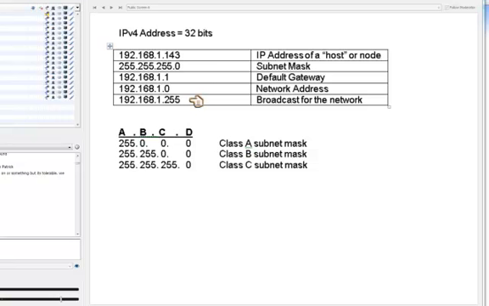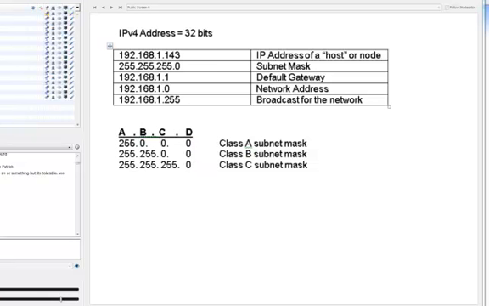Now, we talked about running out of IPv4 addresses, and I said they made some changes so that we didn't really run out of them that quick. One of the changes, rather than sticking to these strict classes where you had exactly one octet for Class A, two for Class B, and three for Class C, is that they're going to let you have different combinations.